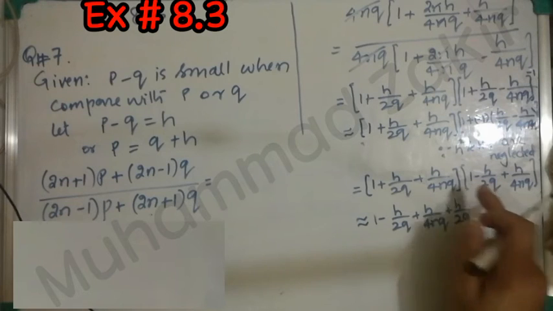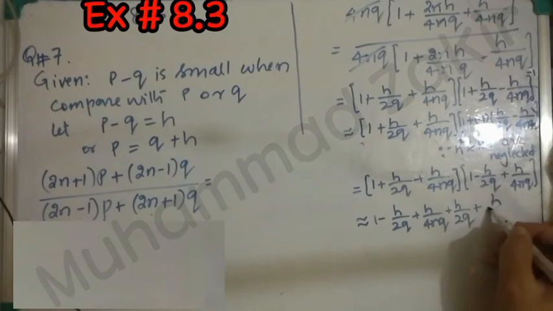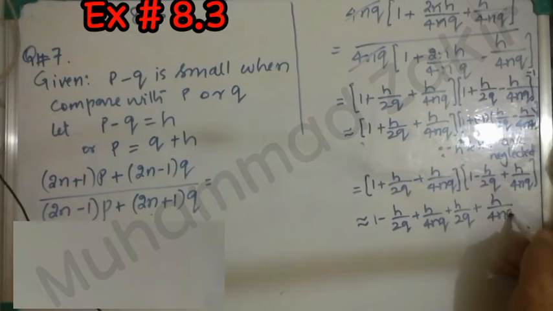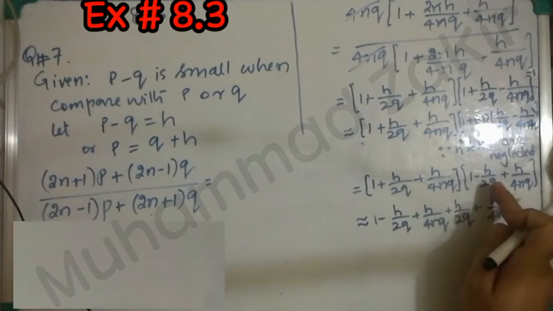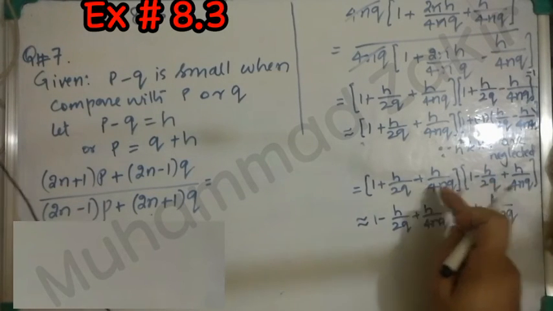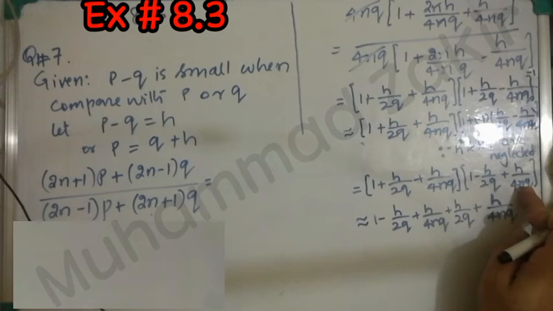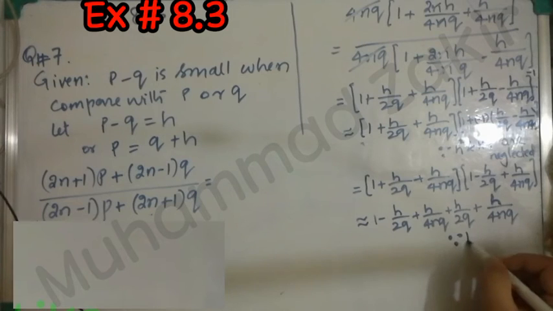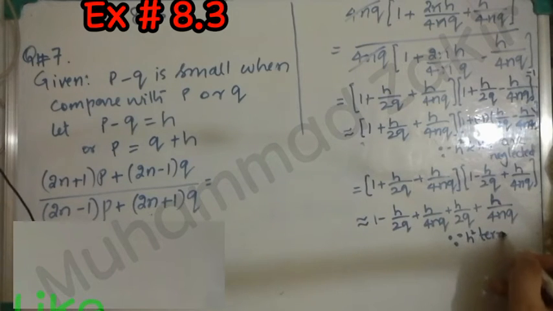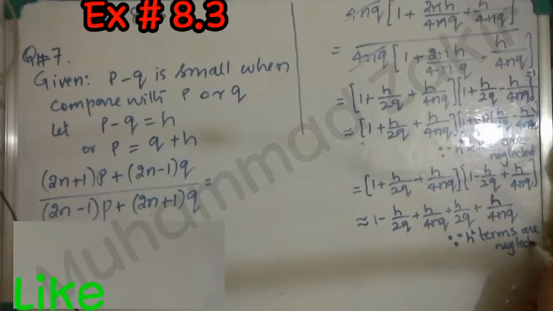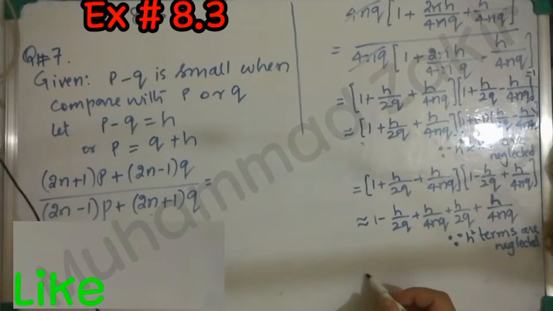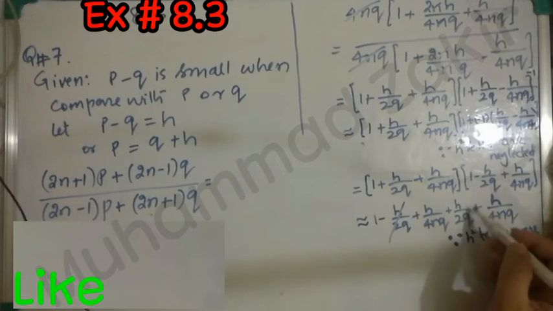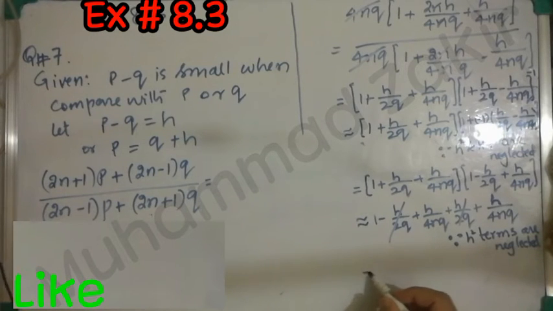The first h by 4nq multiplied by the second, and the third multiplied by the second will be h square, and the third multiplied by the third will be h square, and neglected. Because of that it is an approximation and we mentioned that h square terms are neglected. Now these two cancel.